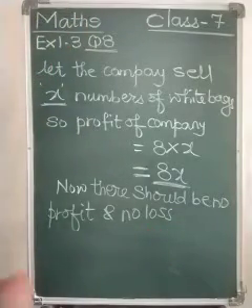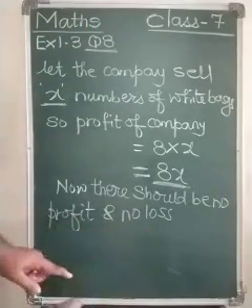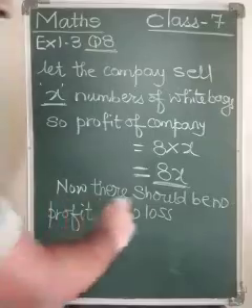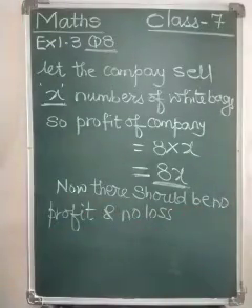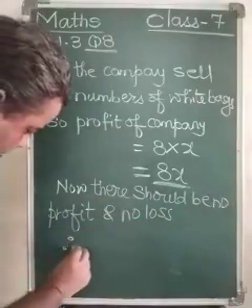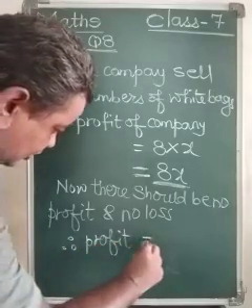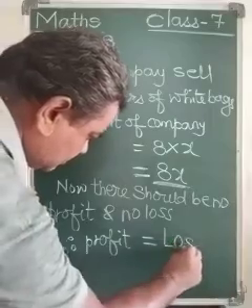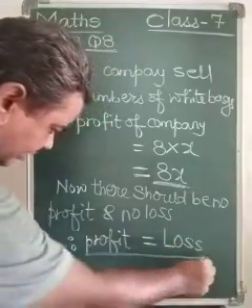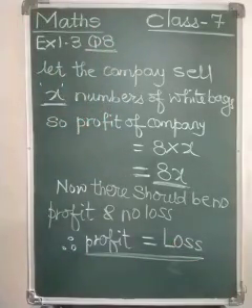Means profit and loss, they both should be equal. Now there should be no profit and no loss, therefore profit should be equal to loss. This is very important. Profit should be equal to loss.